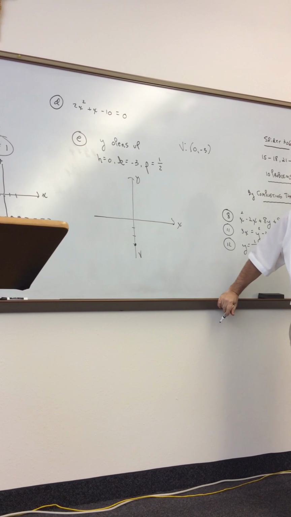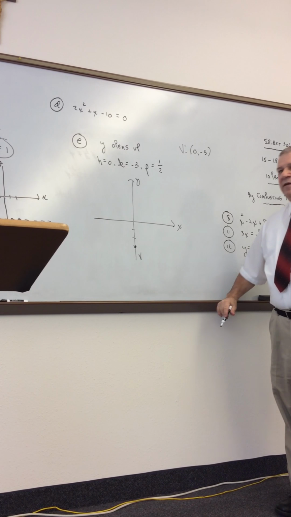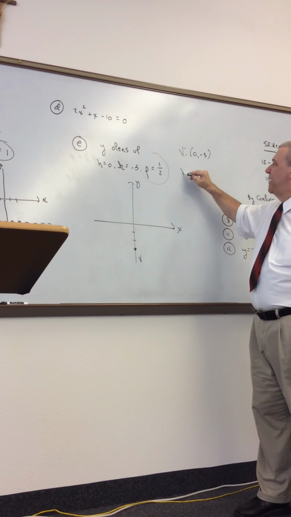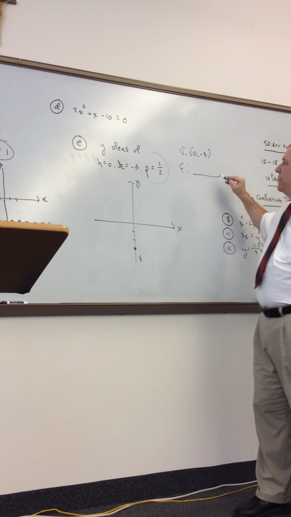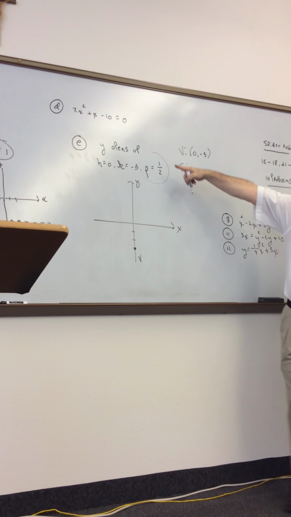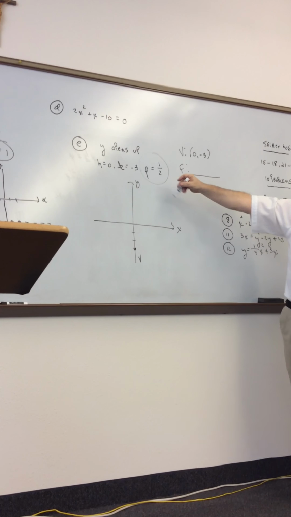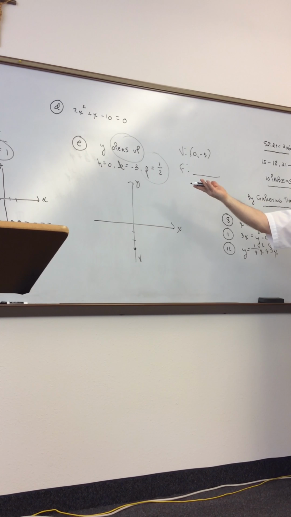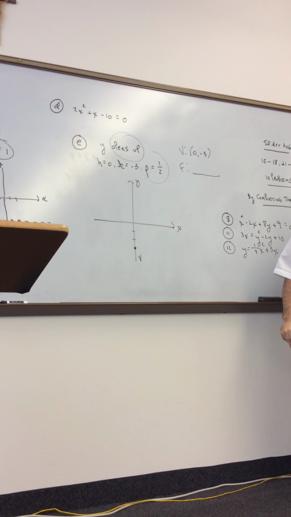Okay, how am I going to get the focus? How am I going to measure? You got to be careful here, you guys. How am I going to move to get the focus? Adam. Up 1/2 unit.